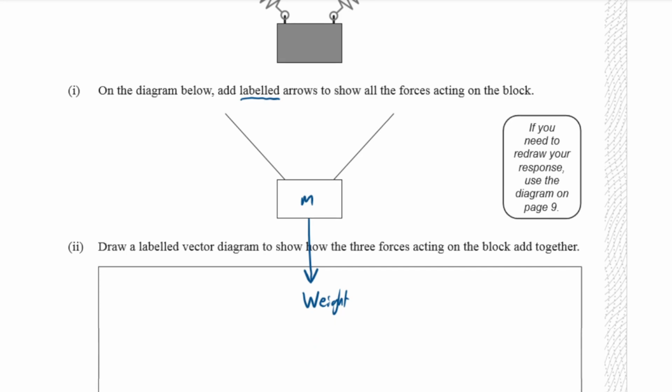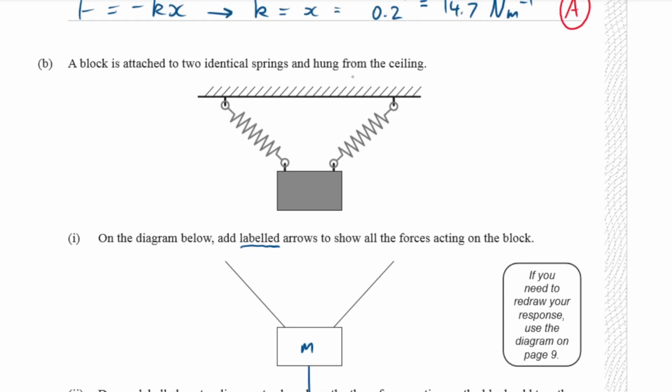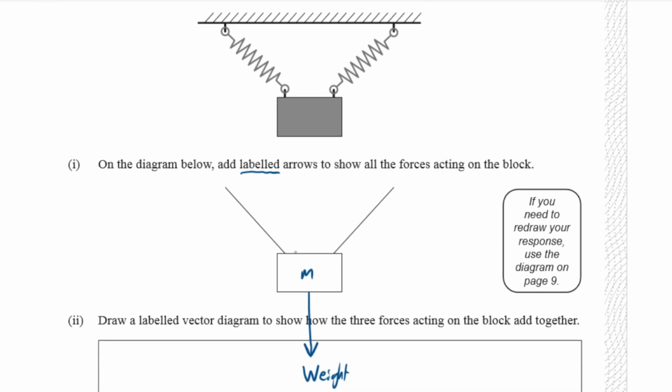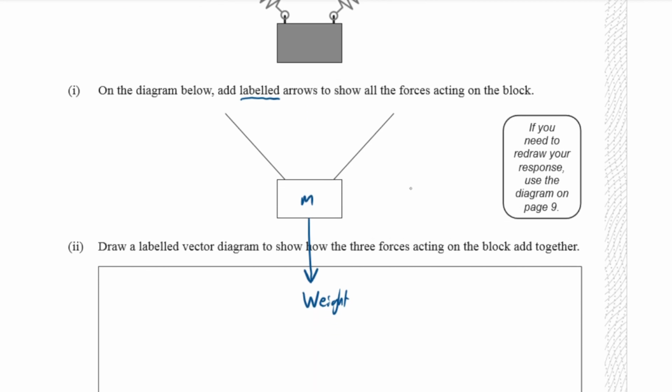For me, I'll just leave it at weight. What other forces are involved? If this was the only force, it would be accelerating downwards, right? But since it's hung, that sort of implies that it's like hanging there, like stationary. So we will need forces acting upwards.